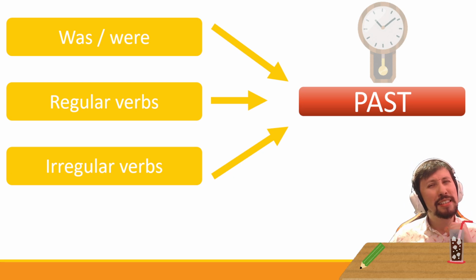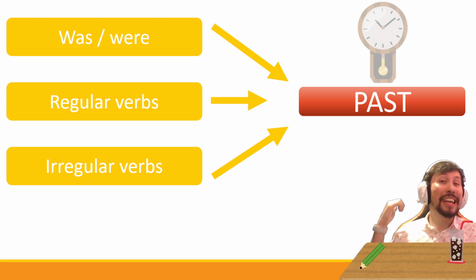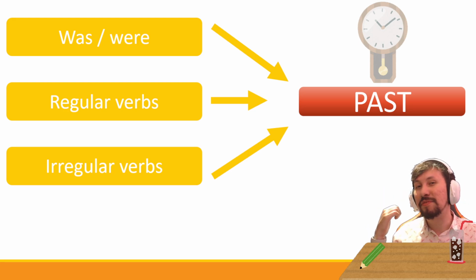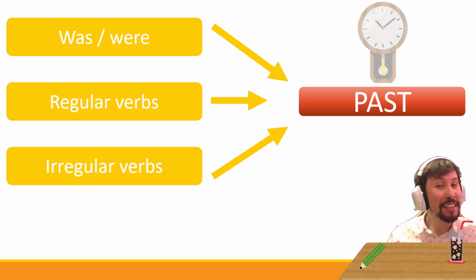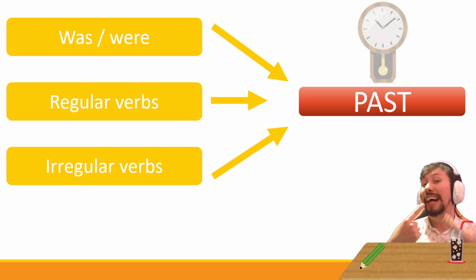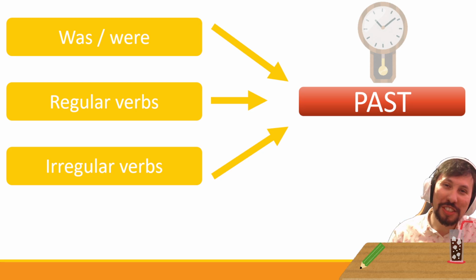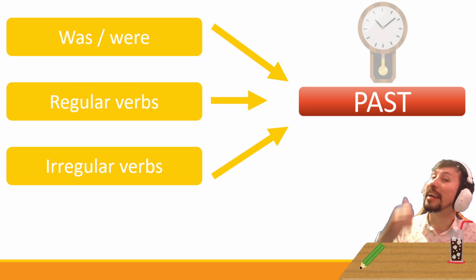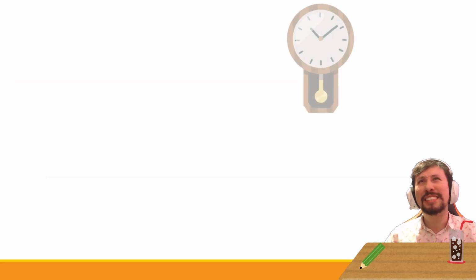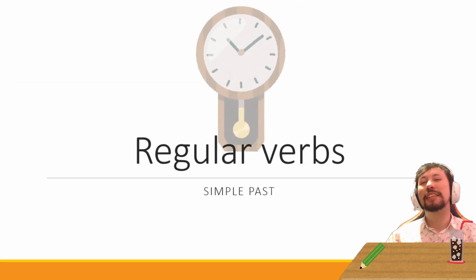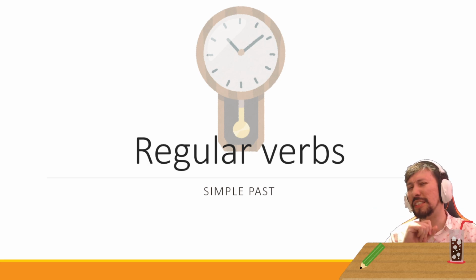Maybe your father was a mechanic in the past. Have you asked him? Maybe he was a mechanic. Did you know that I was a student? Of course, I am a teacher now, but I was. So these are the simplest. But let's have a look at the other ones.